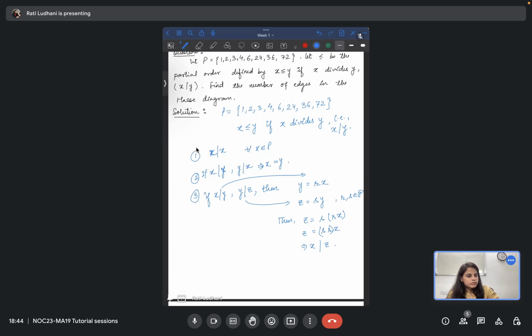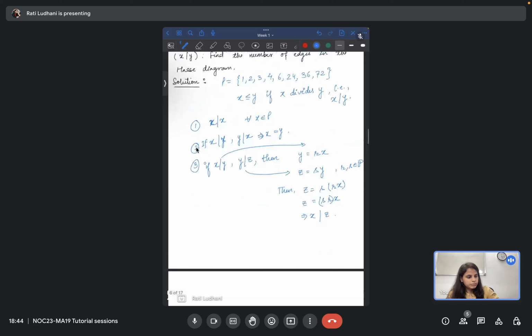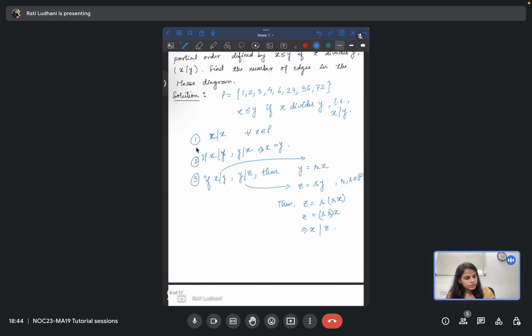Okay, let's start. Maybe we can start from here. So you have 1 here definitely, and the biggest number, 72, can go at the upper side.